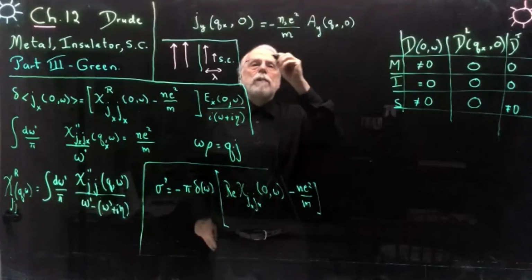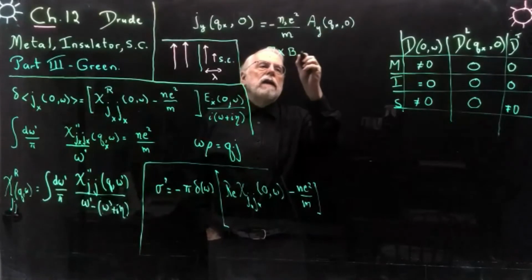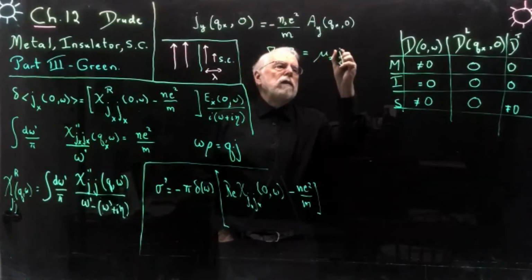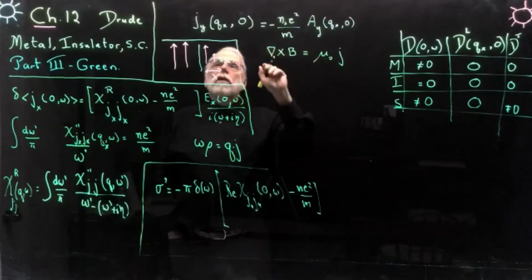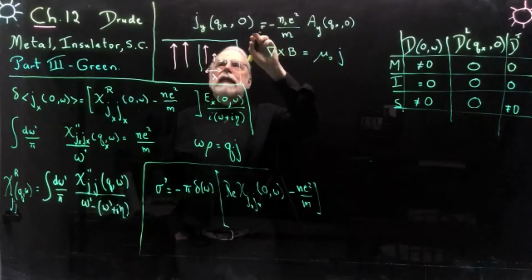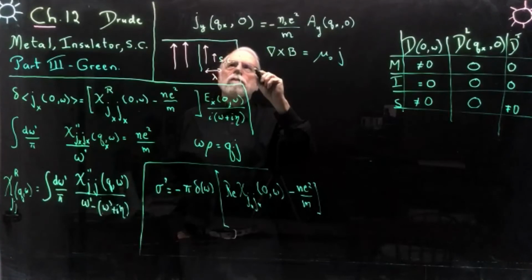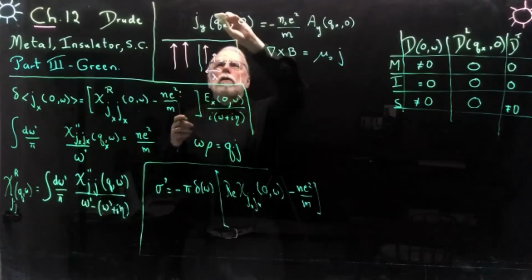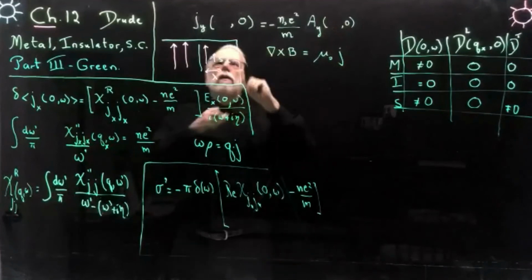So let's see what happens here. We have that the curl of B is equal to mu 0 times J. Okay, so there's no time dependence. That's Maxwell's equation. So let's take the curl of this. Let's go back to real coordinates.